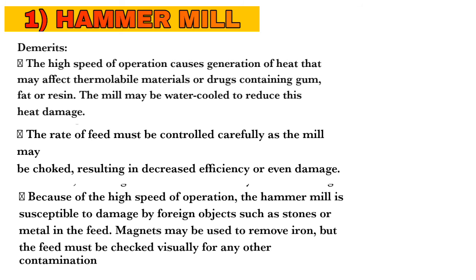Because of the high speed of operation, the hammer mill is susceptible to damage by foreign objects such as stones and metals in the feed. Magnets may be used to remove iron, but the feed must be checked visually for any other contamination.